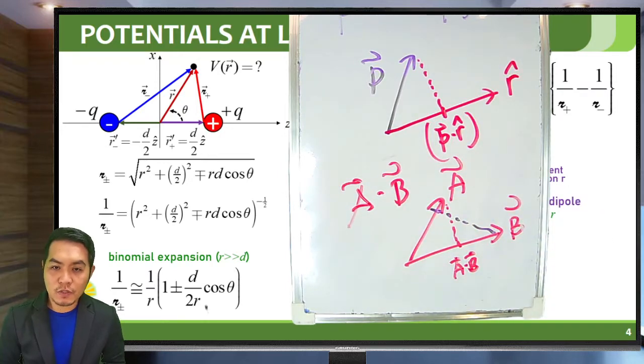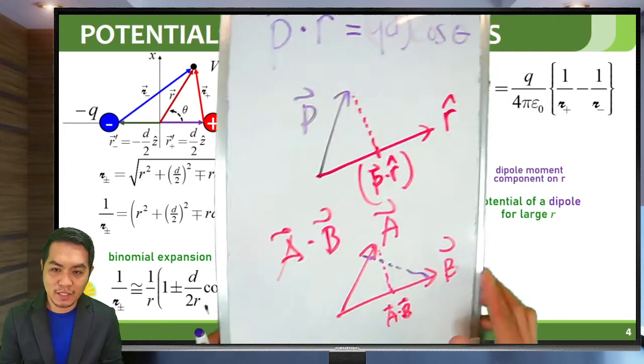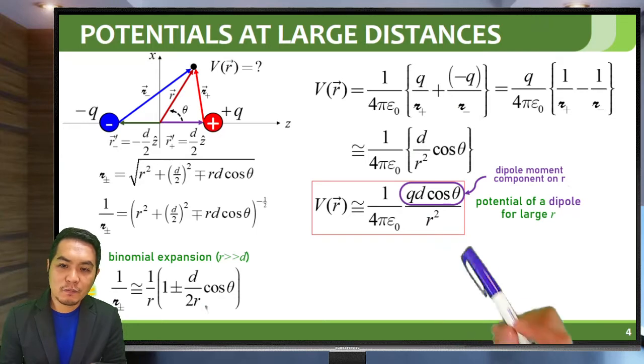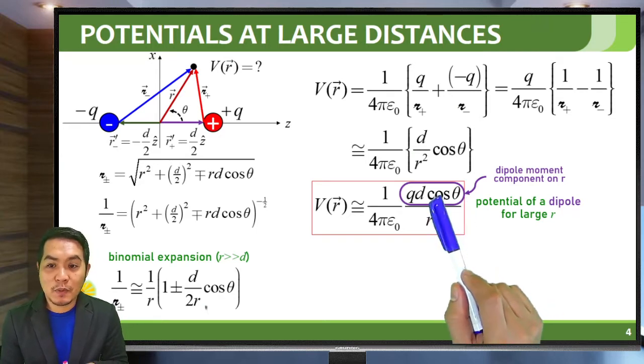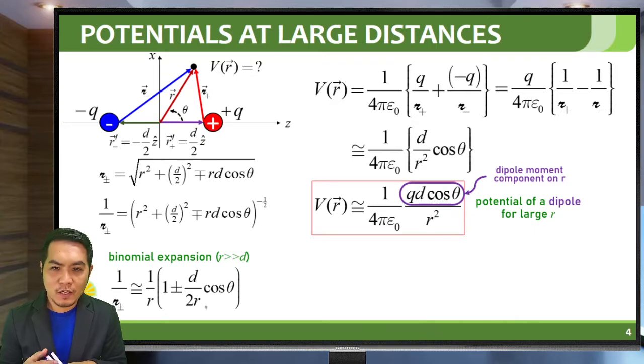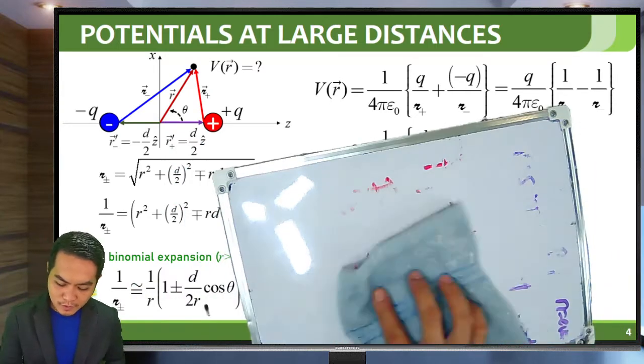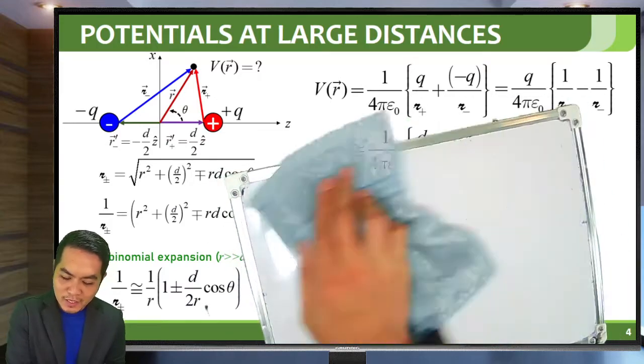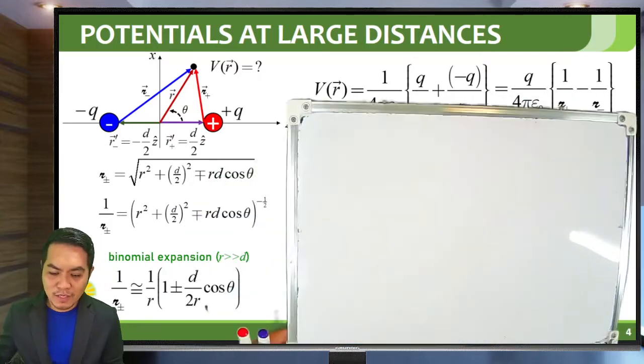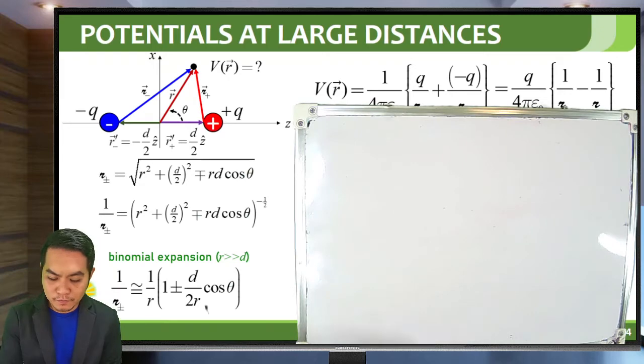Also, dot product is commutative, meaning a dot b is equal to b dot a. So this is P dot r hat, the component of P on the r hat axis. I think I should expound on that more, because we'll encounter more of that later.